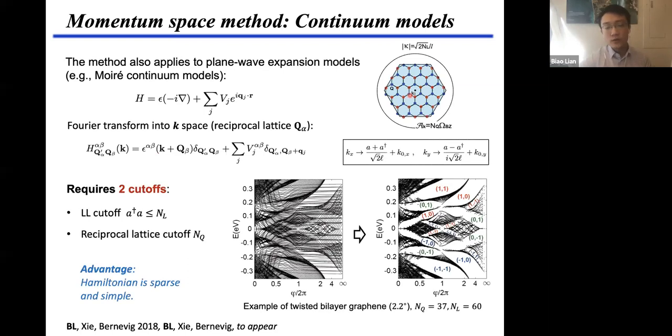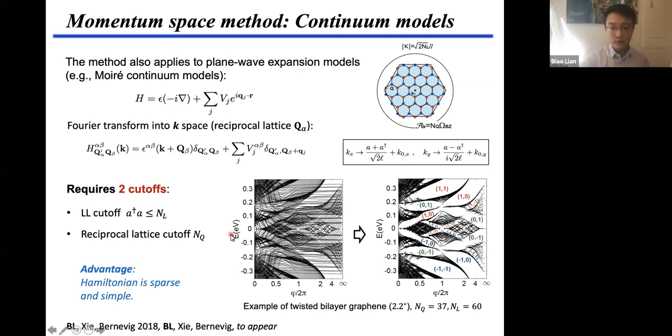To calculate the Hofstadter butterfly of such a model, one could similarly just replace the quasi-momentum K by these Landau level lowering and raising operators, and you can choose any K0 to expand the quasi-momentum.